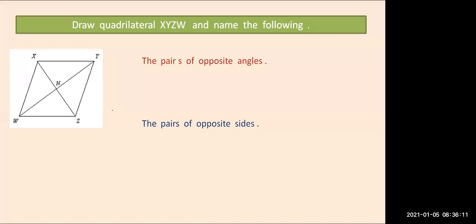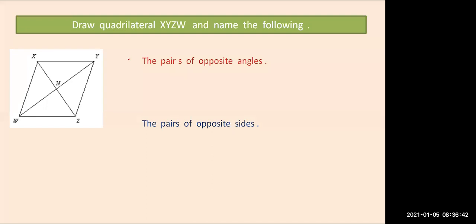We have already studied what is adjacent side, opposite side, adjacent angle, opposite angle. We will just see whether we are able to name it correctly. Draw quadrilateral XYZW. Here I have already drawn it for you: X, Y, Z, W. This is my quadrilateral, and you have to name them.